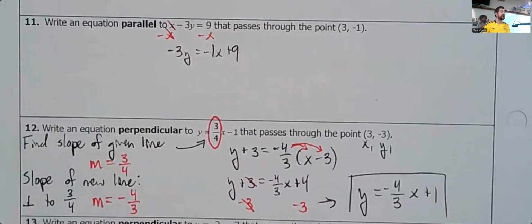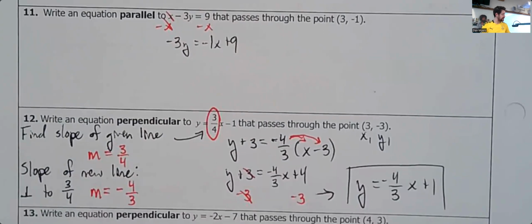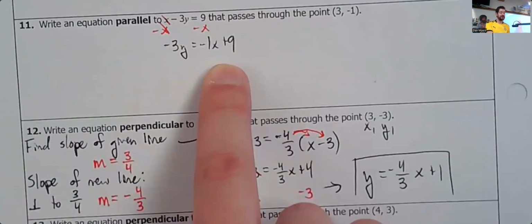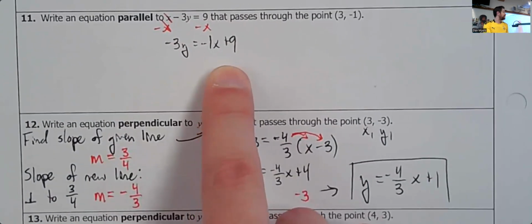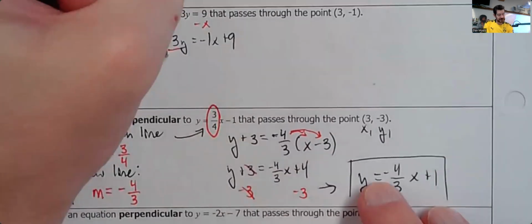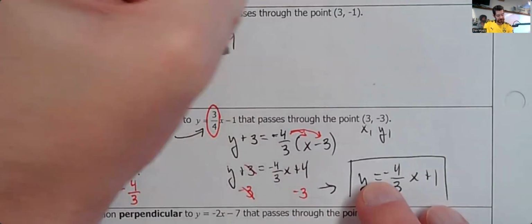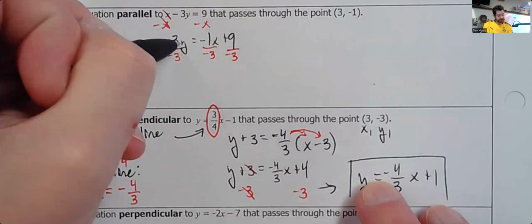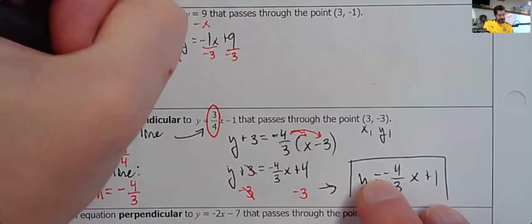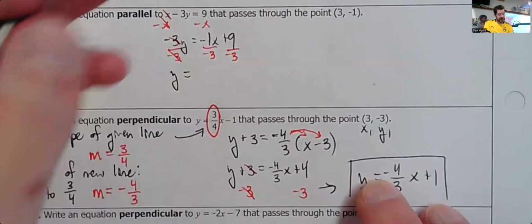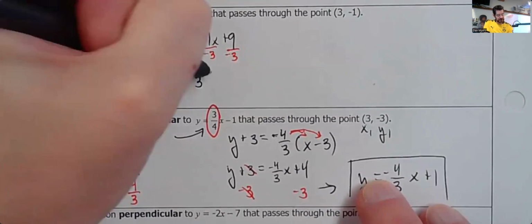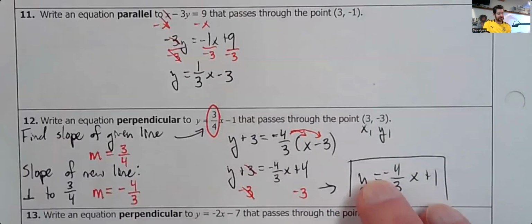This is what we did yesterday to go from standard form into slope intercept. What else do we have to do to get y by itself here? Divide by -3. Good. So everything gets divided by -3, which gives us y equals -1 over -3 is just +1/3. So 1/3 x, and then 9 divided by -3 is -3.